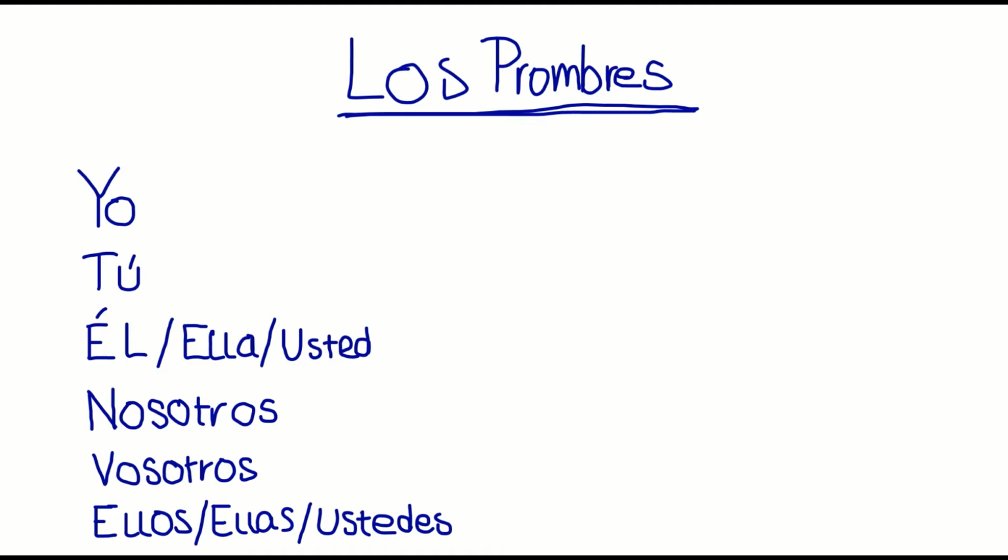So yo is the first person, that means I. Tú is again second person, it's you, but it is used in an informal way, like with friends and with the people whom you know very well, not at the first time probably. The third person singular is él, that means he, ella, that means she, and usted, that means you, but with respect, a formal way of saying you.